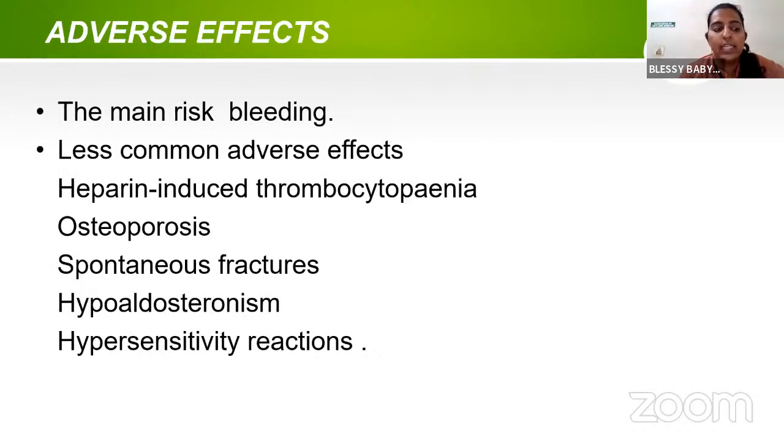Now about the adverse effects, main risk is bleeding. Then there are some other less common adverse effects like heparin-induced thrombocytopenia, osteoporosis, spontaneous fractures, hypoaldosteronism, and hypersensitivity reactions. One of the advantages of low molecular weight heparin over heparin is that these side effects are less common with low molecular weight heparin when compared to heparin.